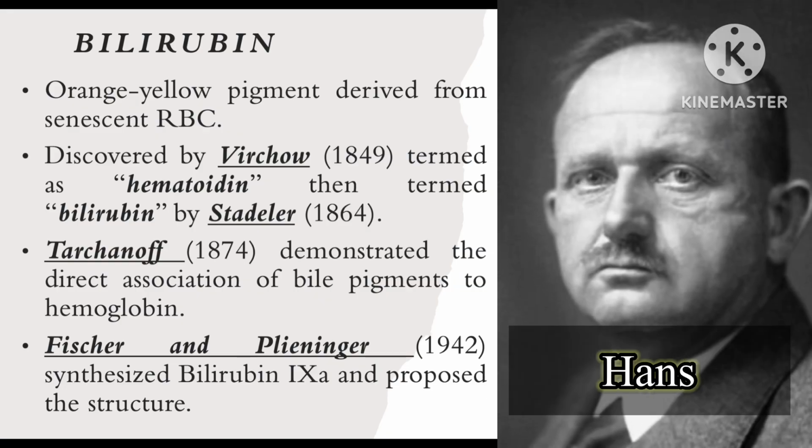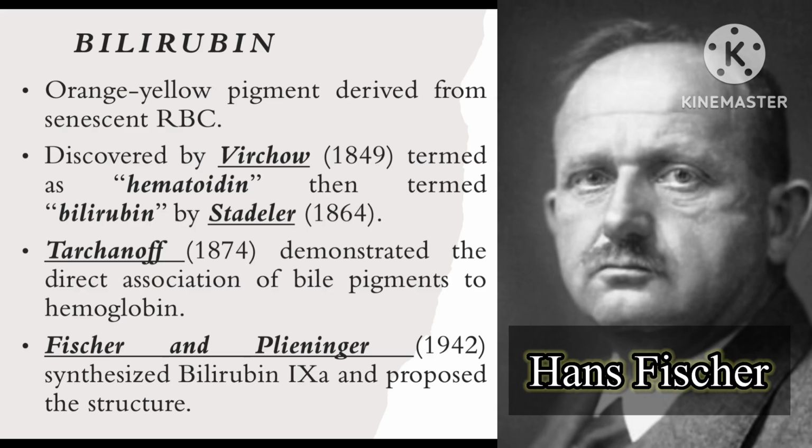And then we have Hans Fischer, a Nobel Prize winner in 1930 for work on heme and chlorophyll. He also had a collaborator, Heinrich Pleininger. Their contribution is that they synthesized bilirubin IXα and proposed its chemical structure.